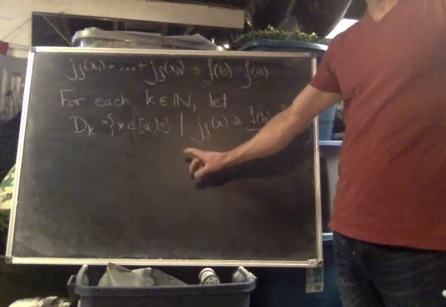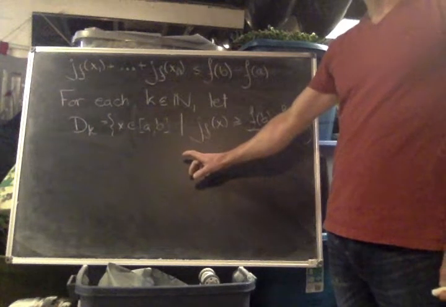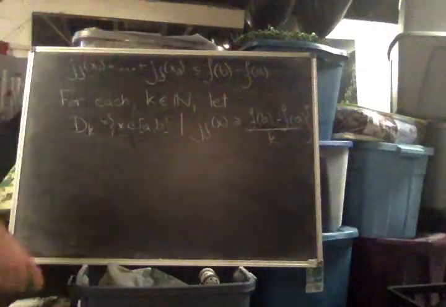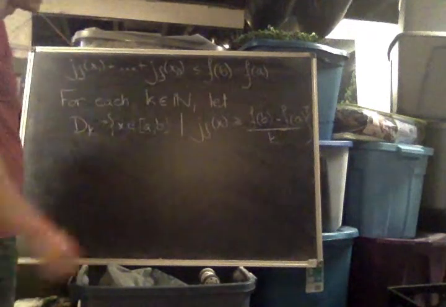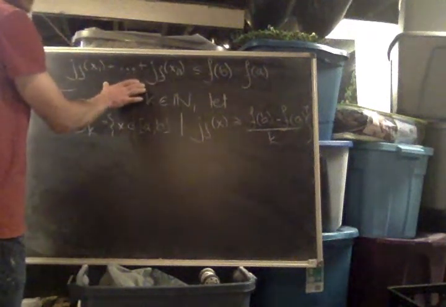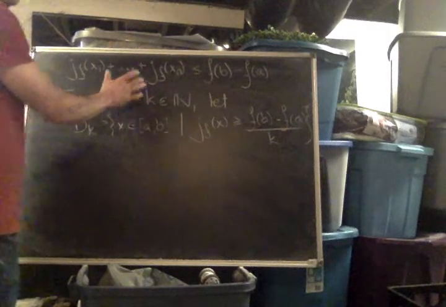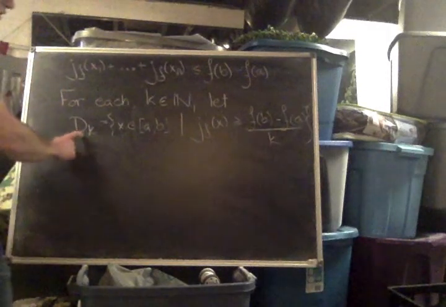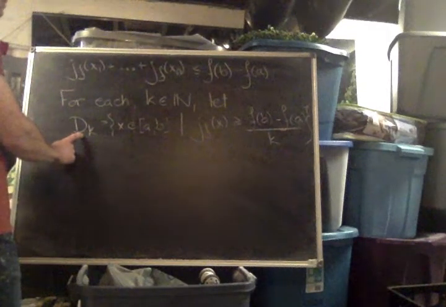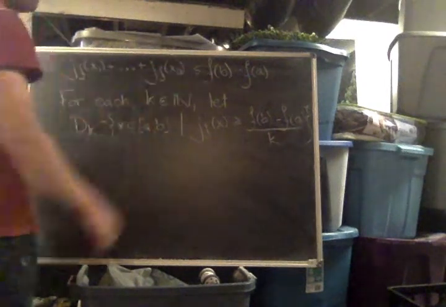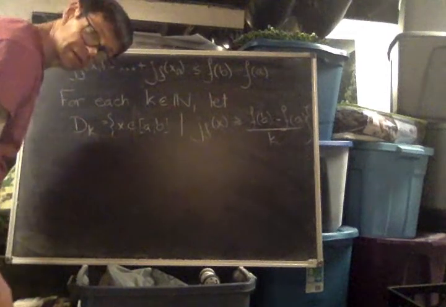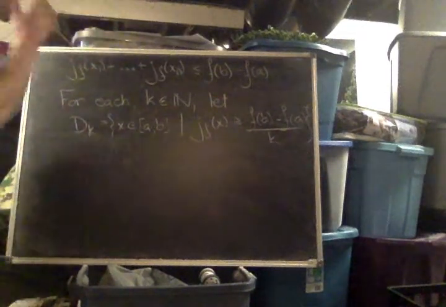If there are exactly k of them, then adding up all the jumps at all those k points will give you equality in this inequality here. This side here will have to add up to f(b) minus f(a). If you had k plus 1 points in here, we'd be in trouble. The sum of this side here would be strictly bigger than f(b) minus f(a), and we can't have that.